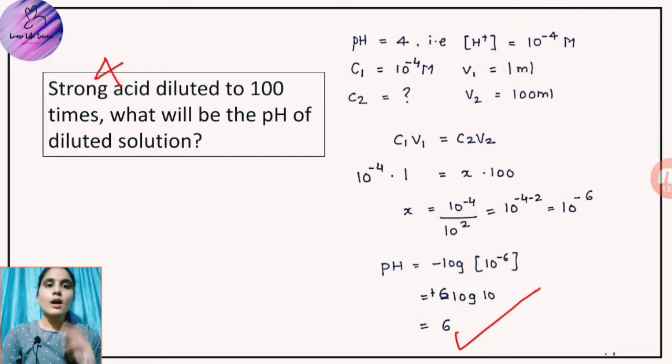Now after the addition of 100 ml water, we want to get the hydrogen ion concentration for estimating the pH, as the volume will become 100 ml.